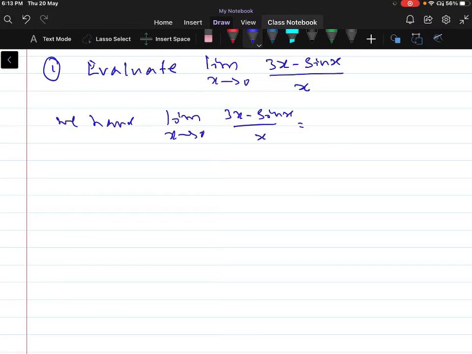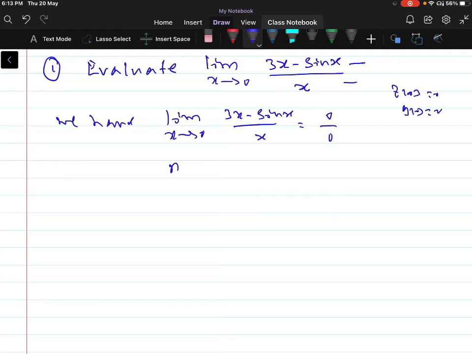So here you can observe that when x equal to 0, 3 into 0 and sin 0 are 0, that is 0 by 0, since this is f of x by g of x, f of 0 and g of 0 are equal to 0. So that is a 0 by 0 form.